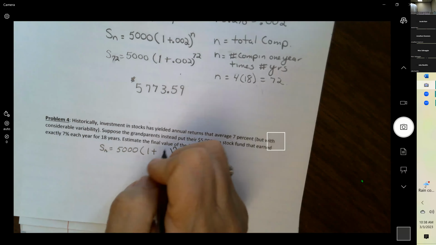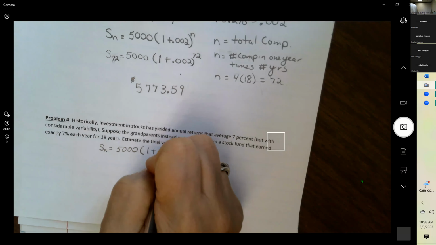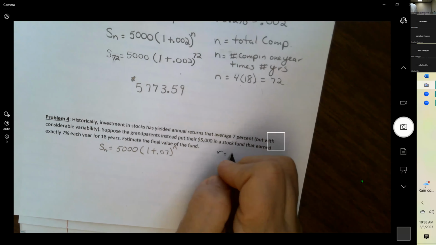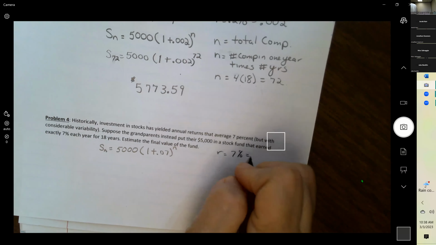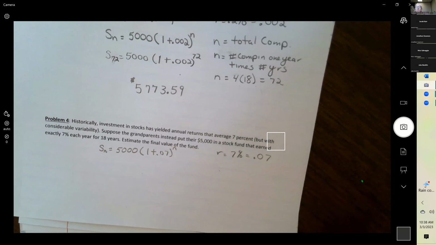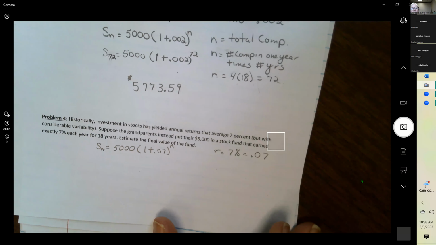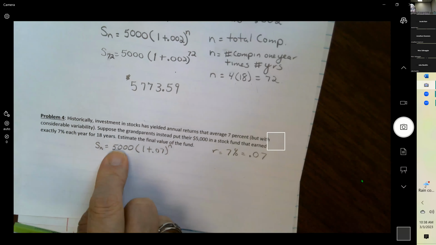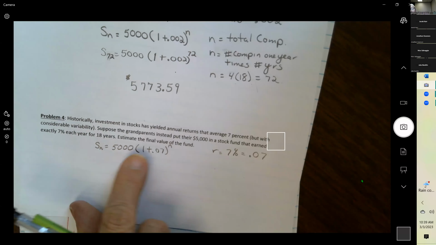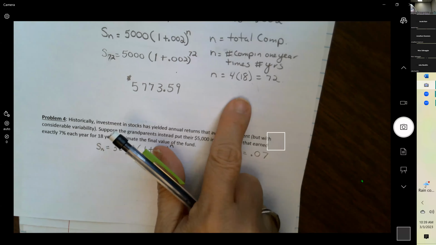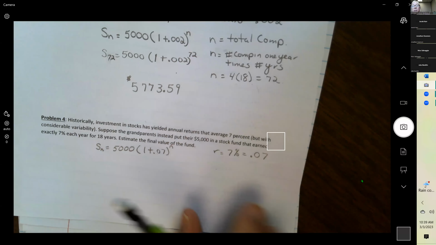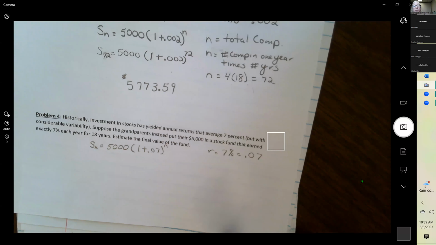Yes, 0.07. And this was S sub 0 because that's our starting amount. N will be the same because it's still compounded. I believe they wanted to keep it the same.